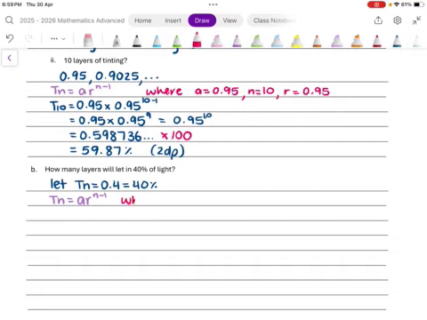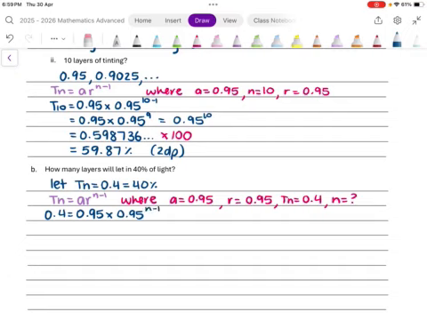This is where our a is equal to 0.95 again, our r is still equal to 0.95, and our Tn is equal to 0.4. In this question, we are trying to find n. We'll have 0.4 is equal to 0.95 times 0.95 to the power of n minus 1.